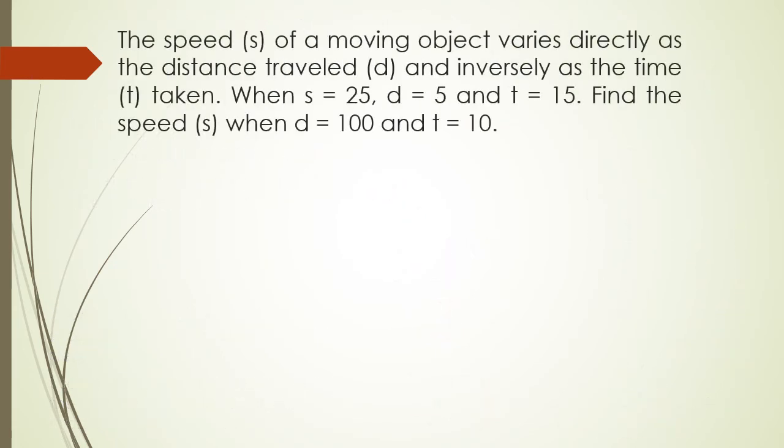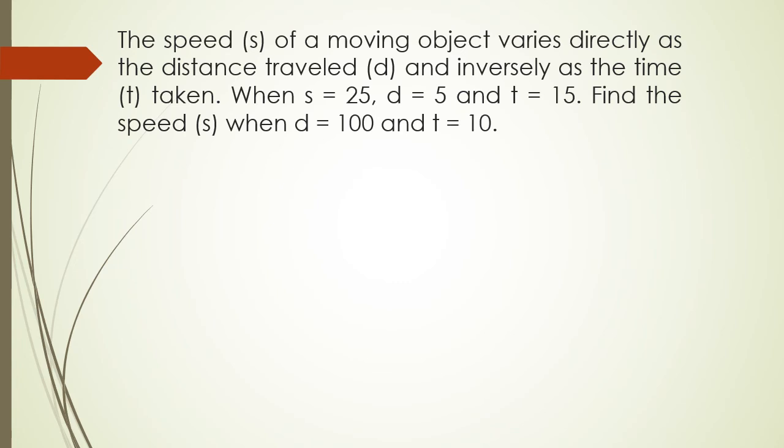Okay, so for the last problem, which involves a worded problem on combined variation. The speed of a moving object varies directly as its distance travel and inversely as the time taken. So ito na application. So sa speed pala siya applicable.